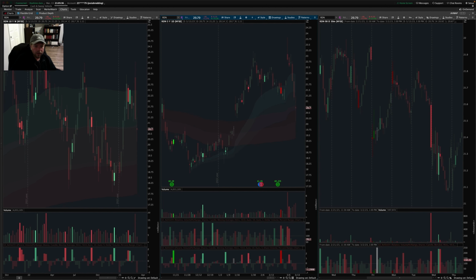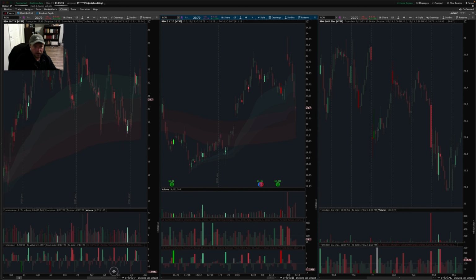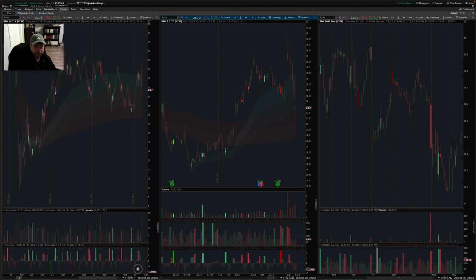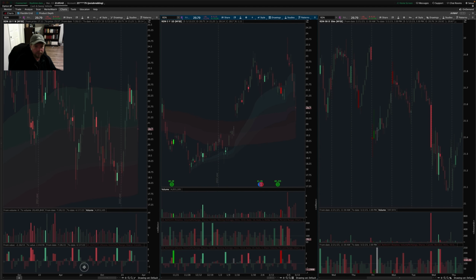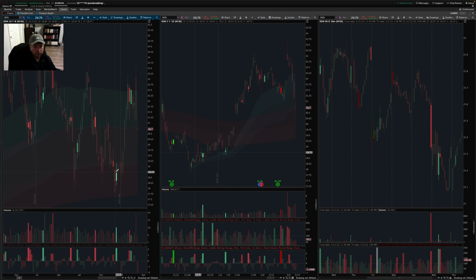And to answer your other question, Walter, about how I would analyze this particular stock, this was a really good example of multiple time frame analysis using the volume. You can see there's really good highlighting here, showing the highs and the lows on the weekly time frame.